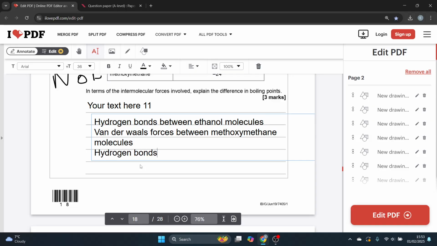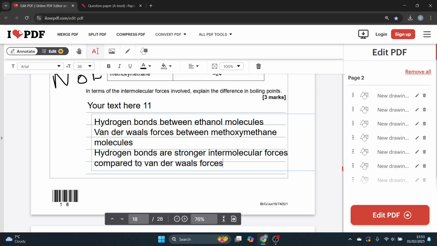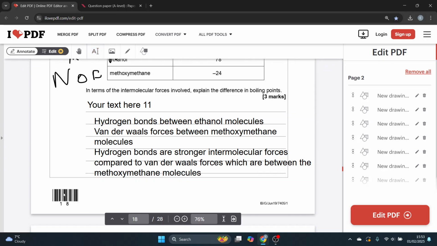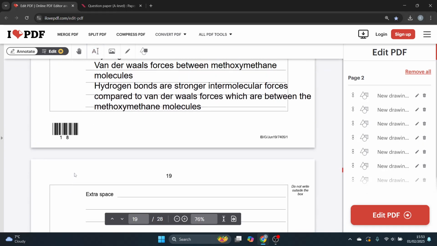Hydrogen bonds are stronger. I could also say stronger intermolecular forces compared to van der Waals forces, which are between the methoxymethane molecules. That's extra space, that's fine.